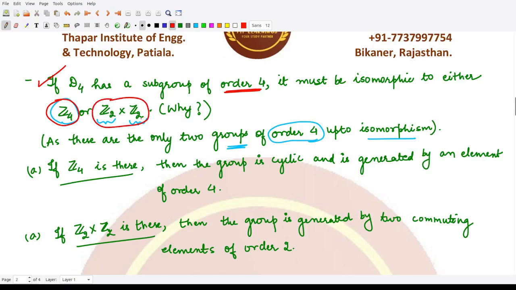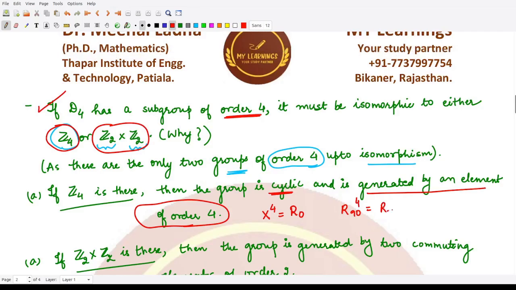So if we are in Z4, that means we are looking for a group which is cyclic in nature and generated by an element of order 4. So we have to look for some element x within our group such that x to the power 4 gives the identity, right? This is the definition of order. So if you look at your group, R90 raised to power 4 would be R90 squared, squared.